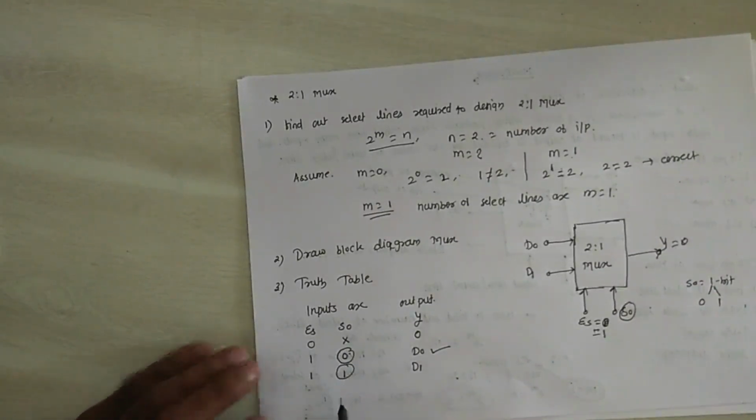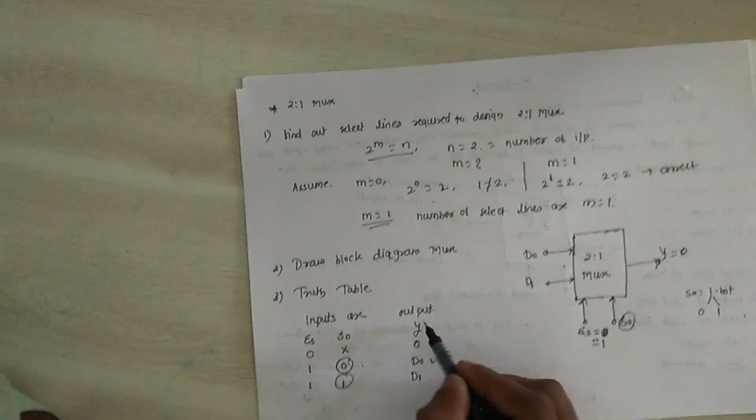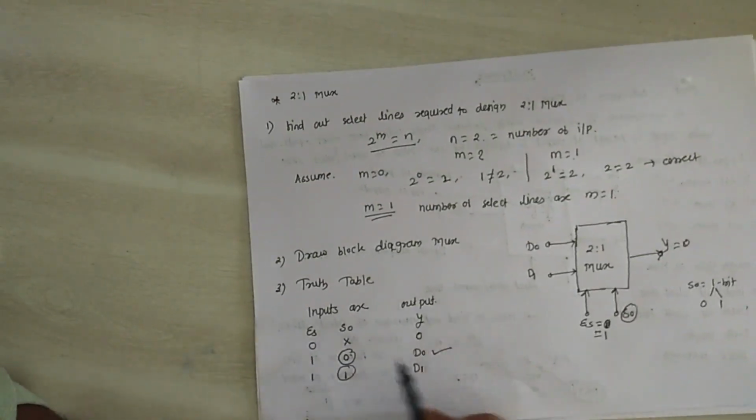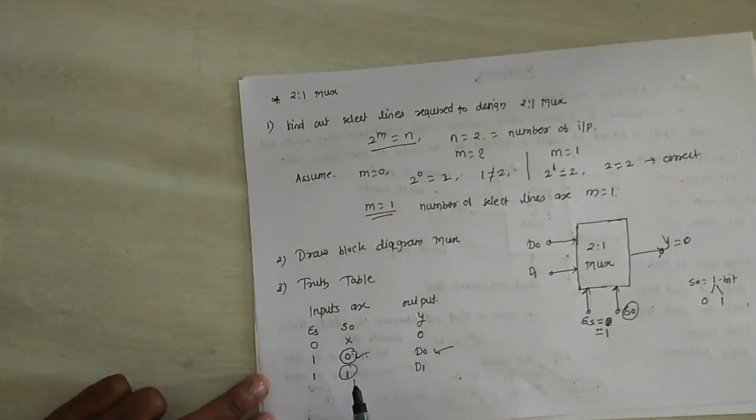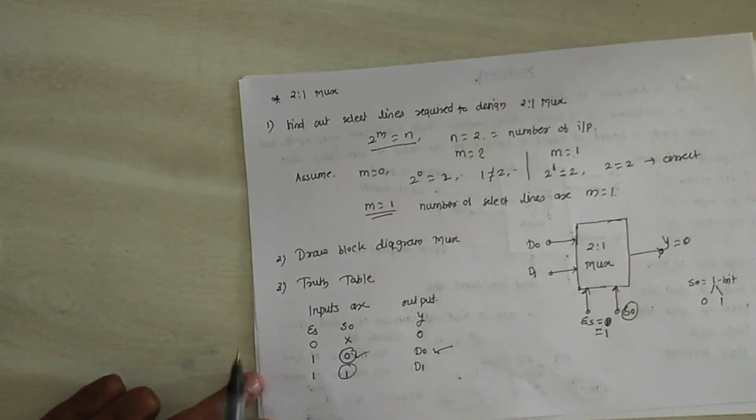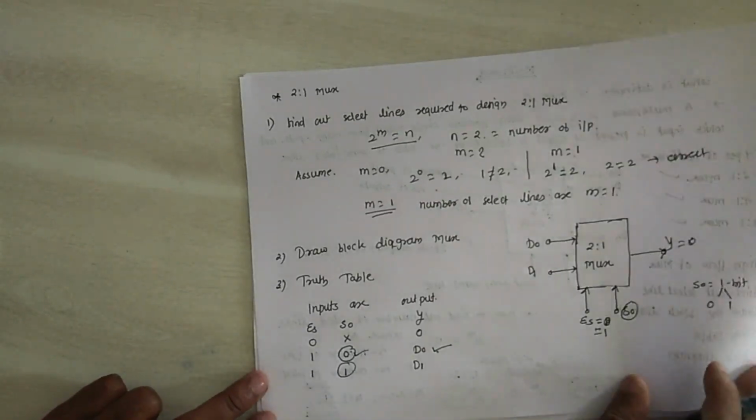So as per definitions, the mux is a circuit which produces single output, and the output depends upon the status of select lines. So this is about 2:1 mux. Let's draw the logic diagram which is required for the 2:1 multiplexer.